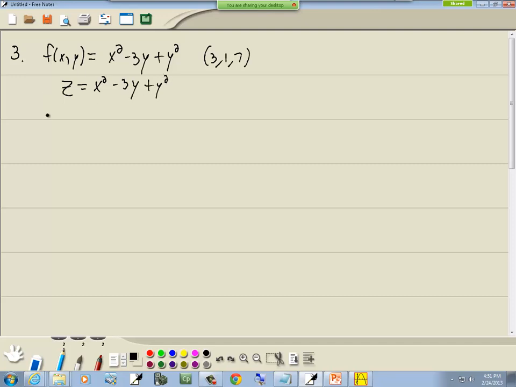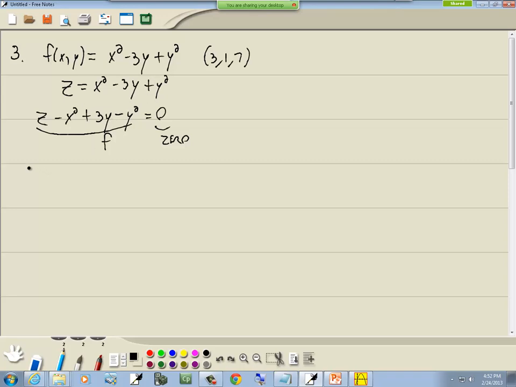If I take those over to the left side, we're going to have z minus x squared plus 3y minus y squared equal to 0. And this will be our f. And, of course, we have to have a 0 here.